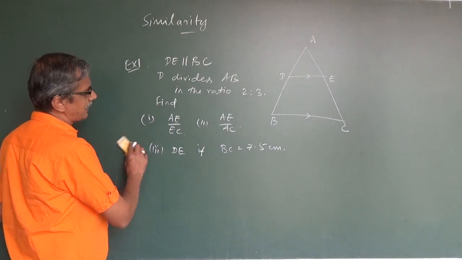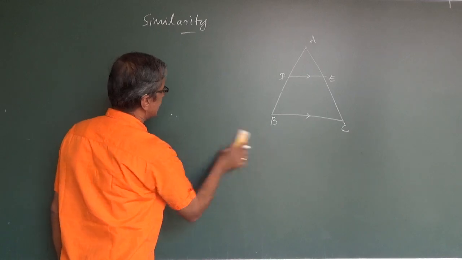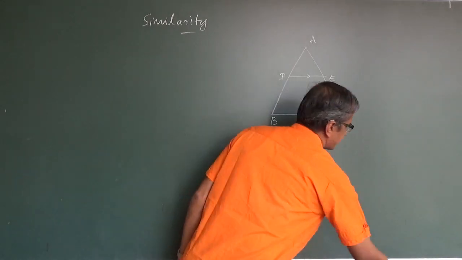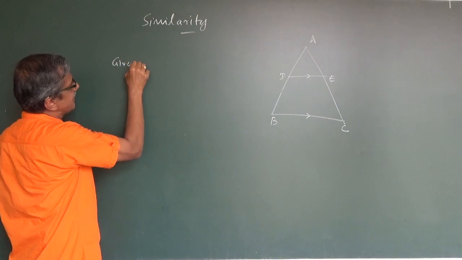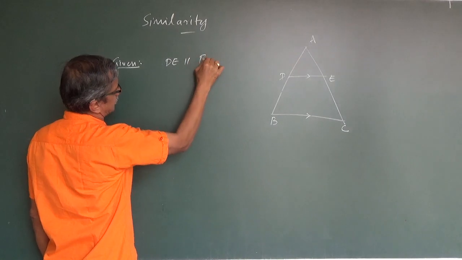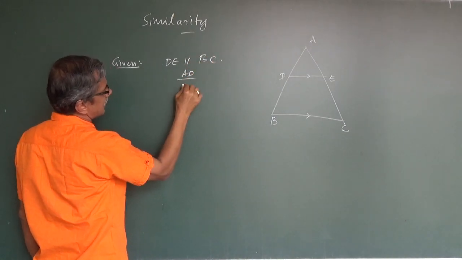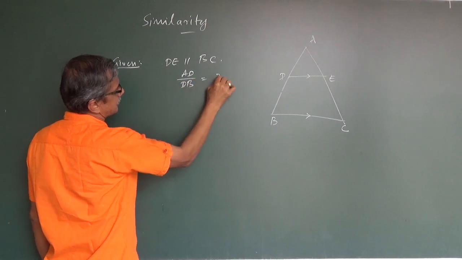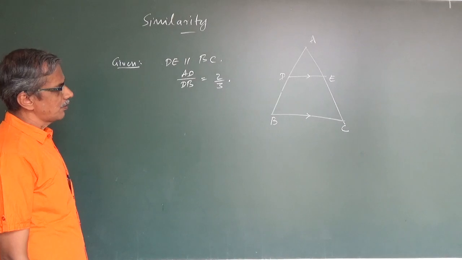So this is given. Now I will explain what is given, and then you will understand. Given is DE is parallel to BC and AD by DB is equal to 2:3.